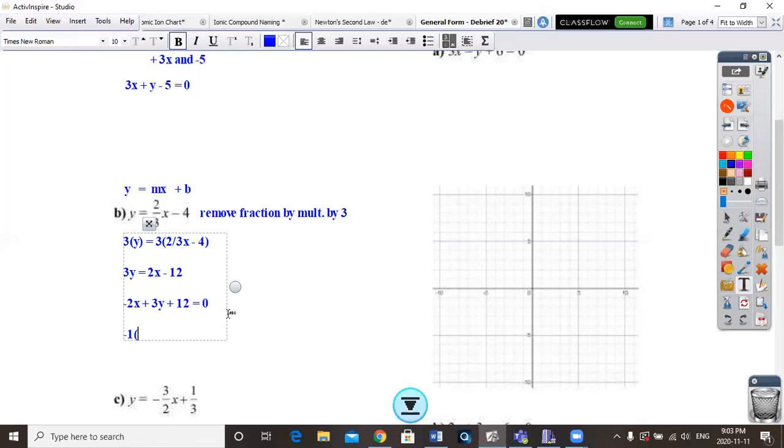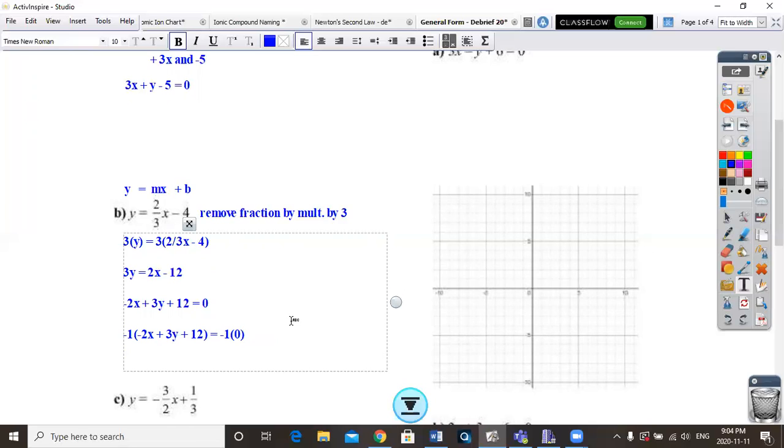So we're going to take negative 1 times negative 2x plus 3y plus 12. That equals, I'm only going to write this out once. Obviously, we know that anything times 0 is 0. So negative 1 times 0.